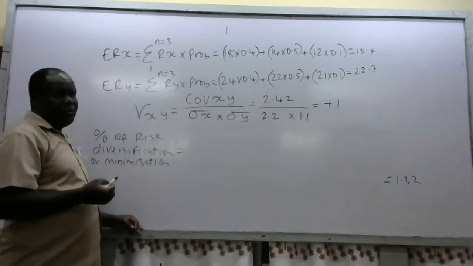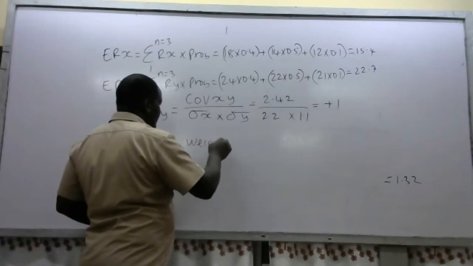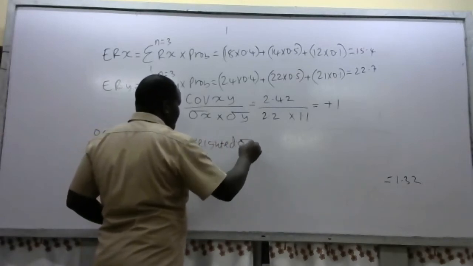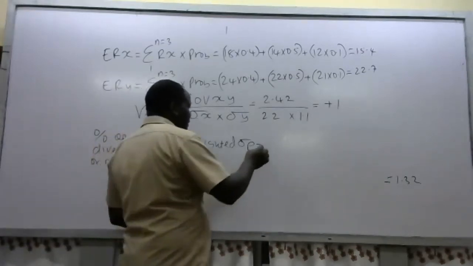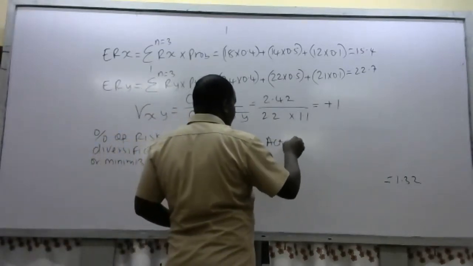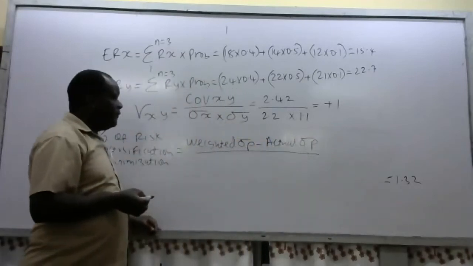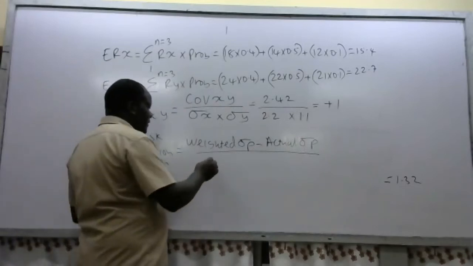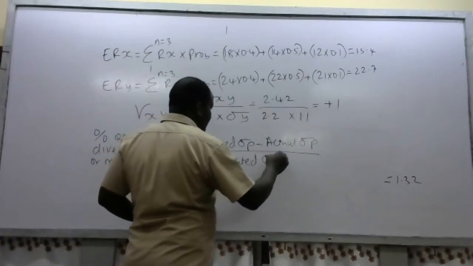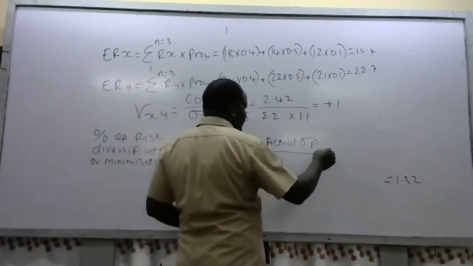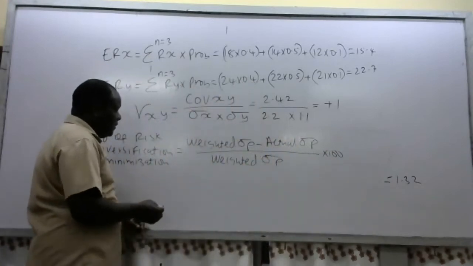It will be equal to the weighted standard deviation of the portfolio minus the actual standard deviation for the portfolio, divided by the weighted standard deviation for the portfolio. Then we show it as a percentage.